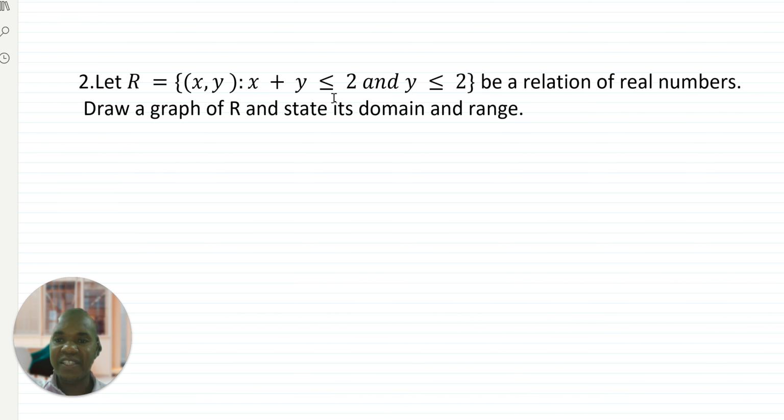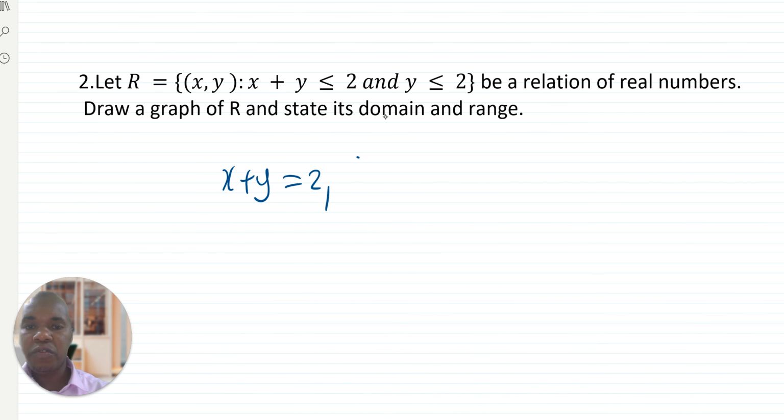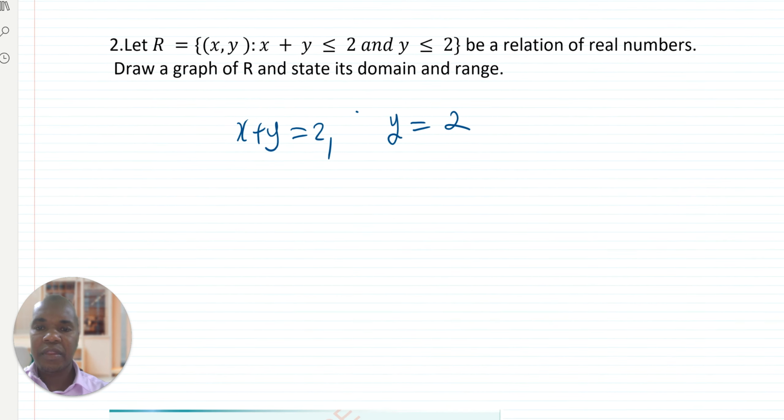So I'm going to consider two equations. It means you're going to sketch a graph of x plus y equals 2, and you're going to consider also y equals 2.